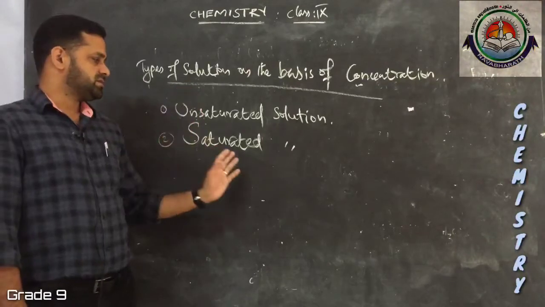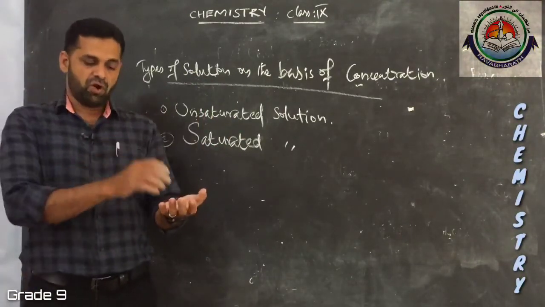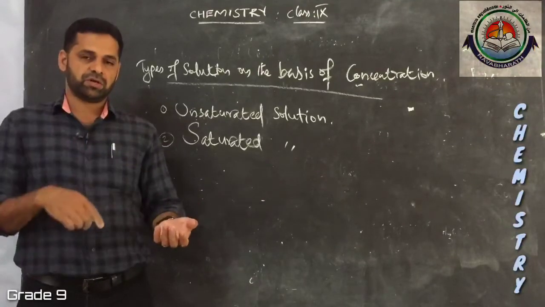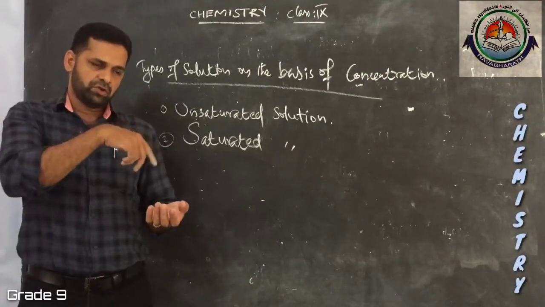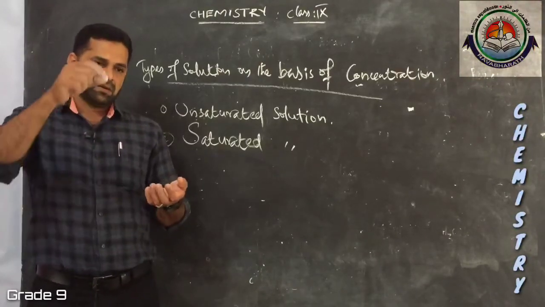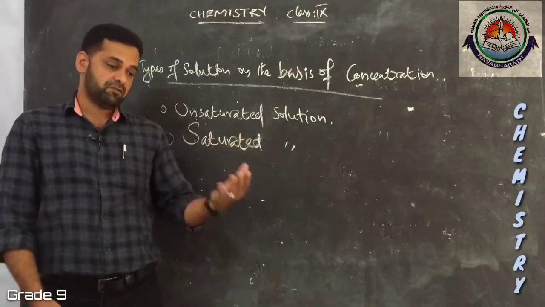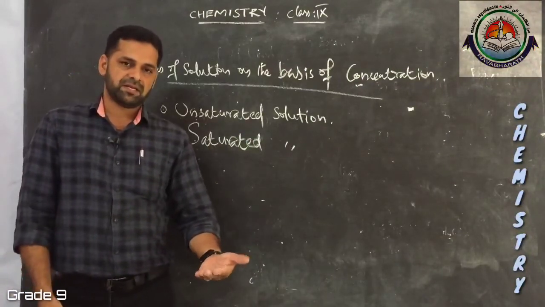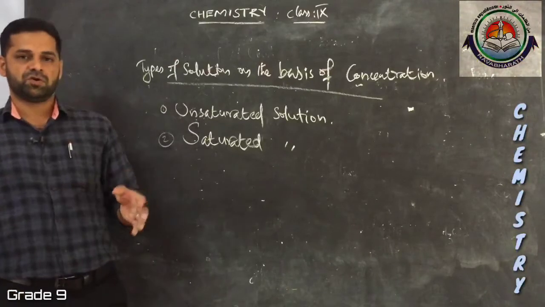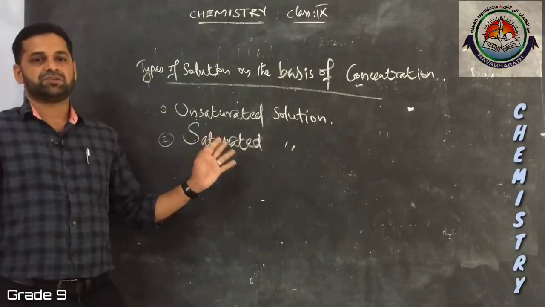For example, if you take the same water and sugar and keep on adding sugar, it keeps on dissolving, and after some time the sugar particles will not dissolve and will stay at the bottom. That stage is called the saturation stage.